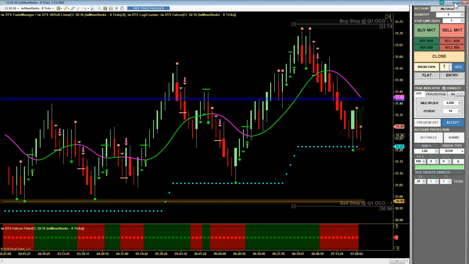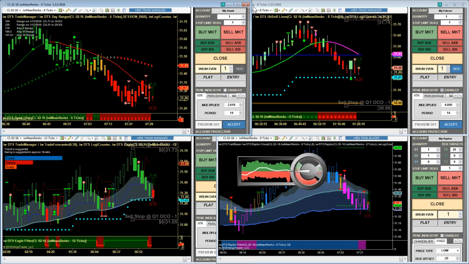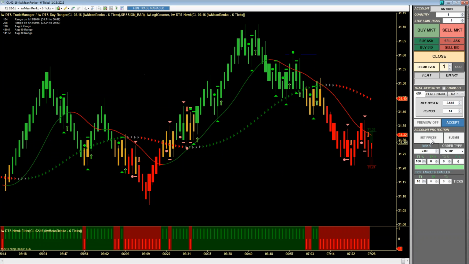The big deal about the trade manager is it always controls your risk. Most traders try to control their risk by keeping their stops really tight, and all that does is stop you out prematurely, especially on a day like today where we may not get immediate momentum. The market might flounder around a little bit, but eventually get to our profit target.